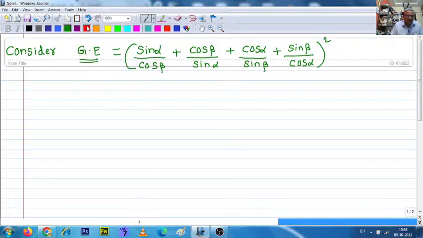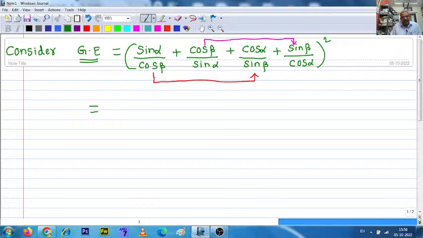So how do we find this? We group the terms: sin alpha by cos beta plus cos alpha by sin beta, and after that cos beta by sin alpha plus sin beta by cos alpha. Let us perform the first group.